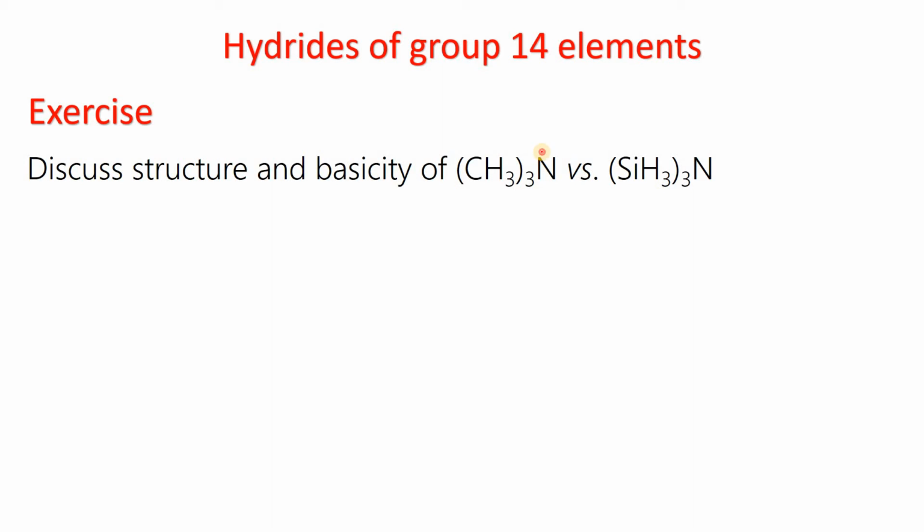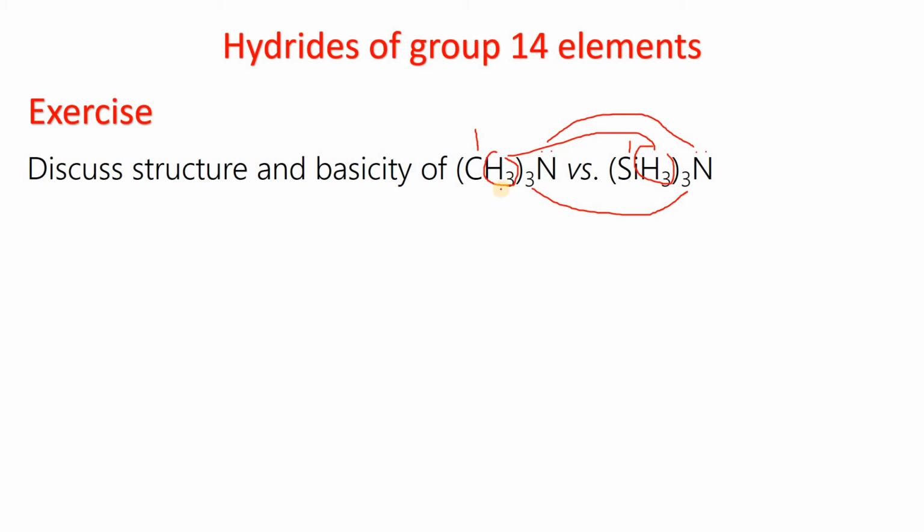There is a nitrogen with a lone pair, and there are methyl CH3 and SiH3 groups, three of each. Nitrogen is the same, the three are the same, there are 3 hydrogens and also 3 hydrogens. Here is carbon and here is silicon. So this is the difference.